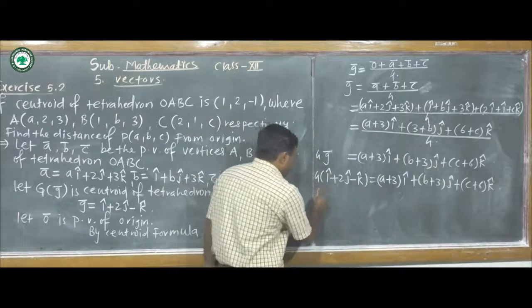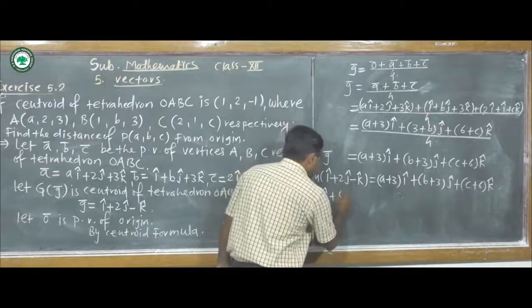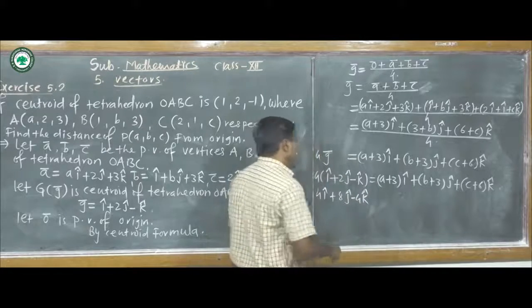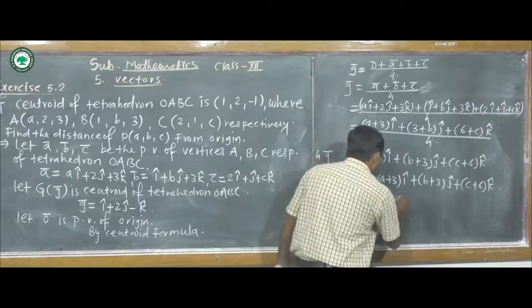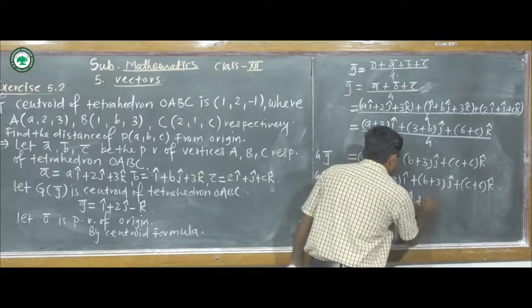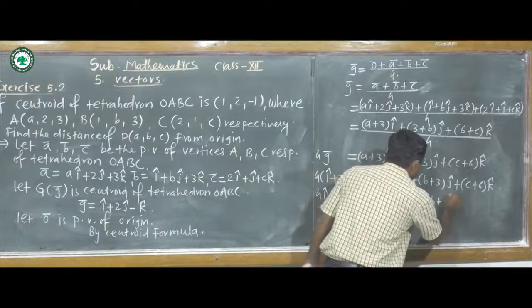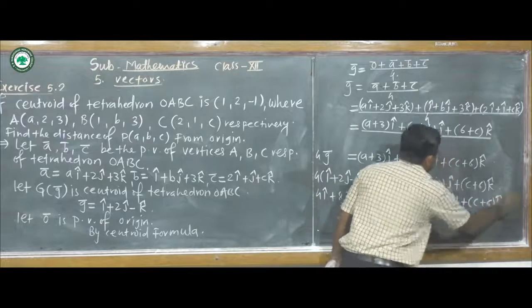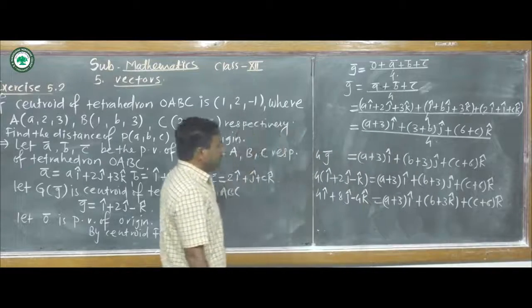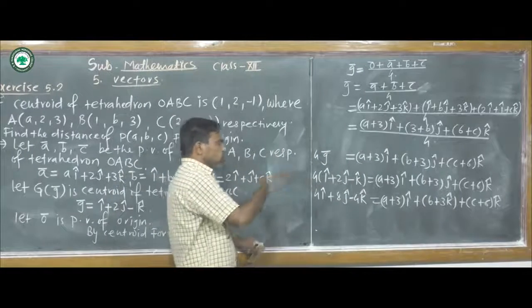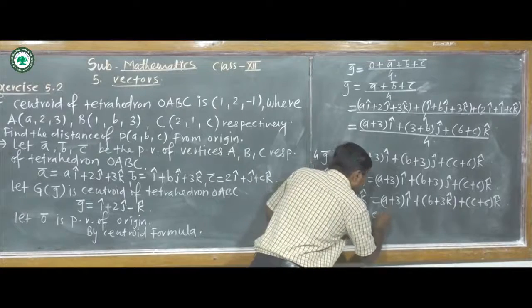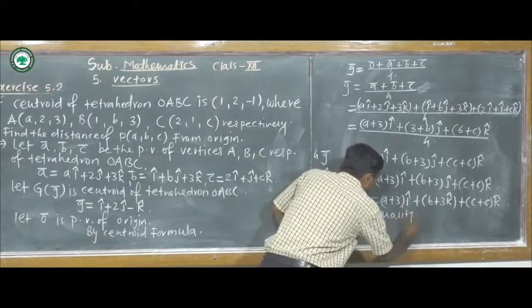Now that is 4i cap plus 8j cap minus 4k cap is equal to A plus 3 into i cap plus B plus 3 into j cap plus C plus 6 into k cap. So now by equality of vectors, these two vectors are equal. It means that their corresponding components are equal.